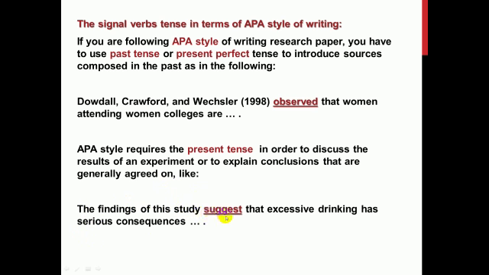Why? Because I have findings, I have completed my paper, and I have certain discussions and findings that I want to discuss with the reader. So this study suggests that excessive drinking has serious consequences and so on. So in the form of APA style, we need to talk about authors who talked about a topic in the past, in terms of the date.